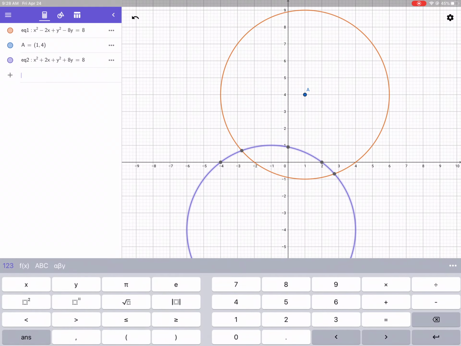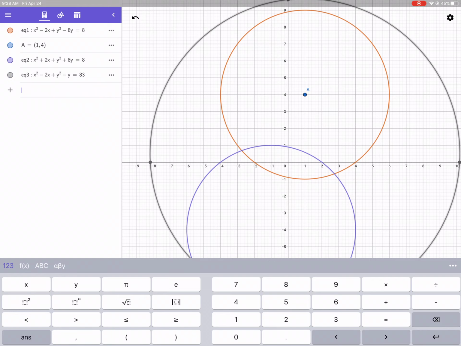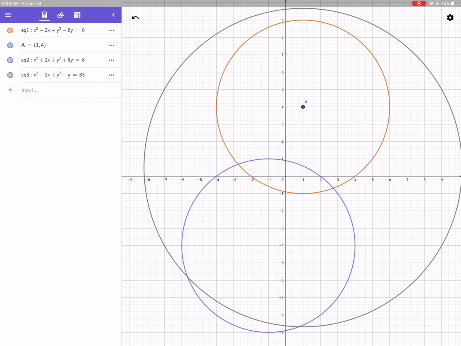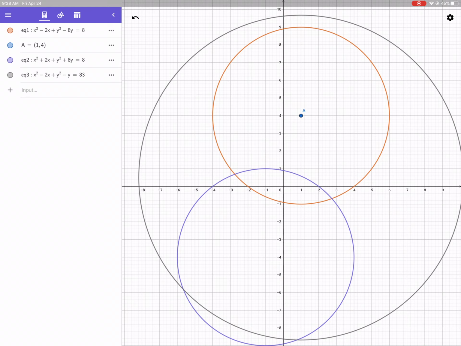We'll throw in one more answer choice. Choice 3, x squared minus 2x plus y squared minus 8y equals 83. A much bigger circle. Alright, but you can see choice 1 did have that center that we needed, which was 1, 4, and a radius of 5.